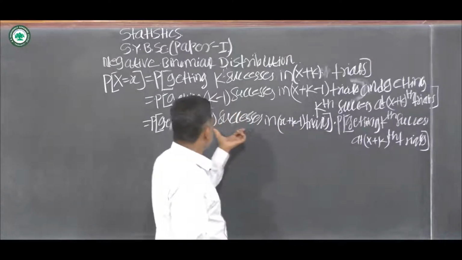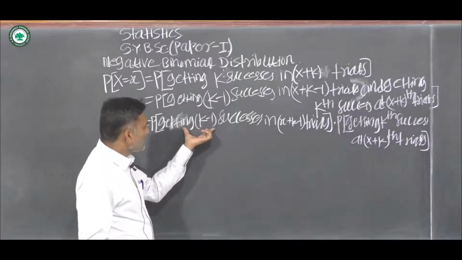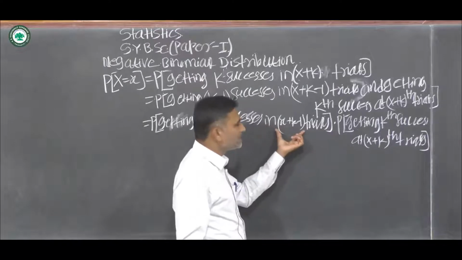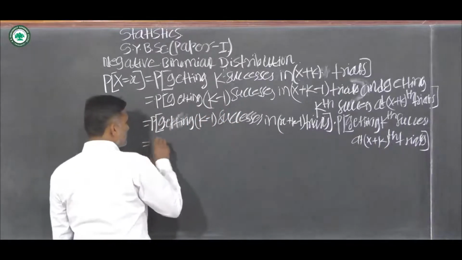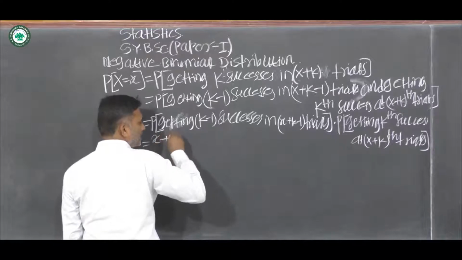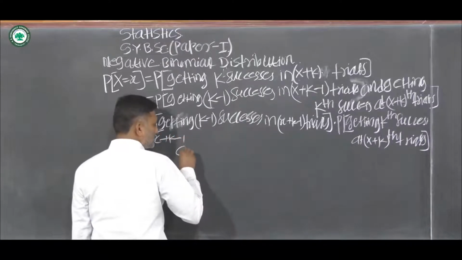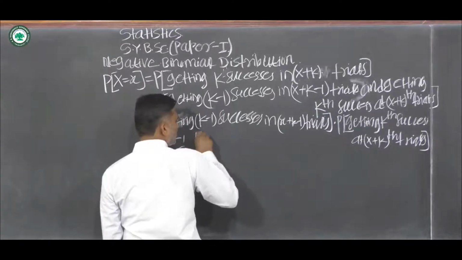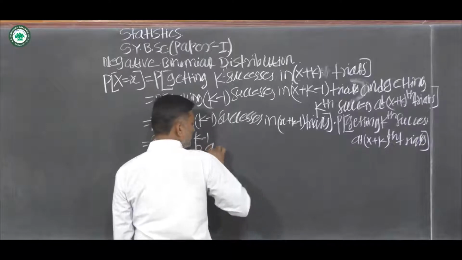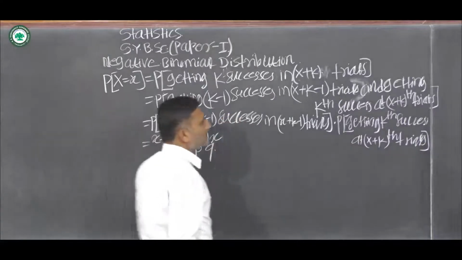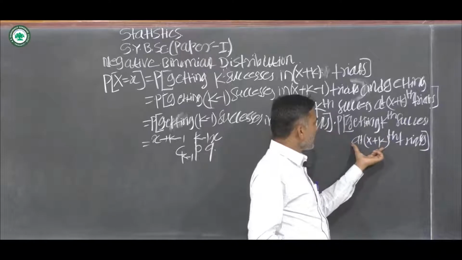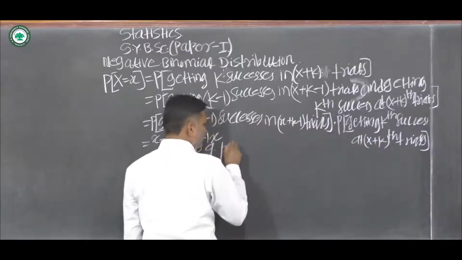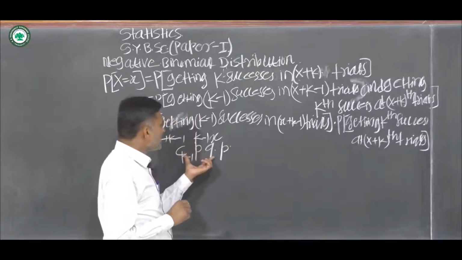So it is equal to x plus k minus 1 C k minus 1 into p raised to k minus 1 into q raised to x. And the probability of getting the kth success at the x plus kth trial is p. P is the probability of success, q is the probability of failure.